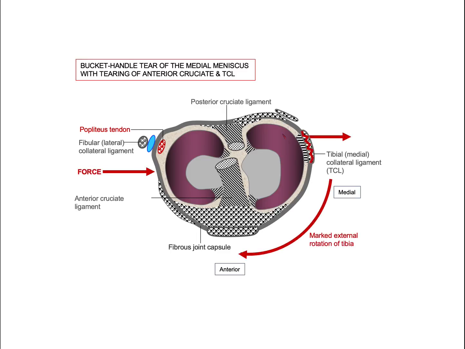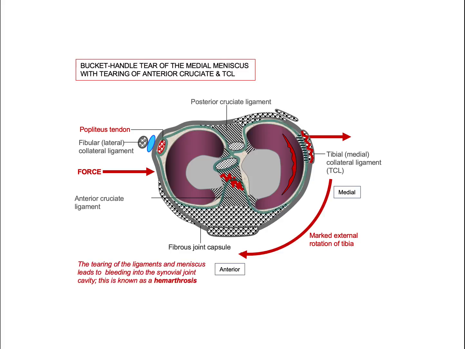We have explained it. Rupture. And now, when there is a rupture, blood vessels will rupture. So as a result of that, within the synovial cavity, the synovial fluid is now filled with blood.